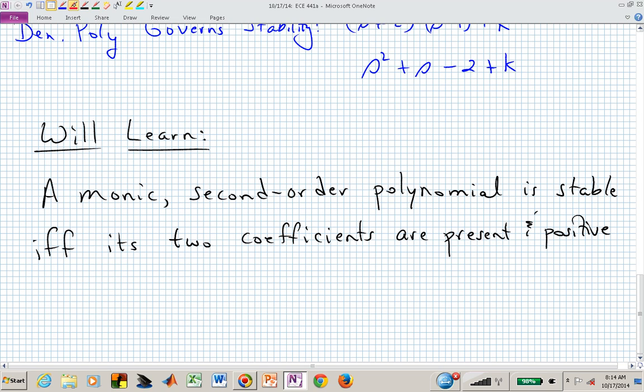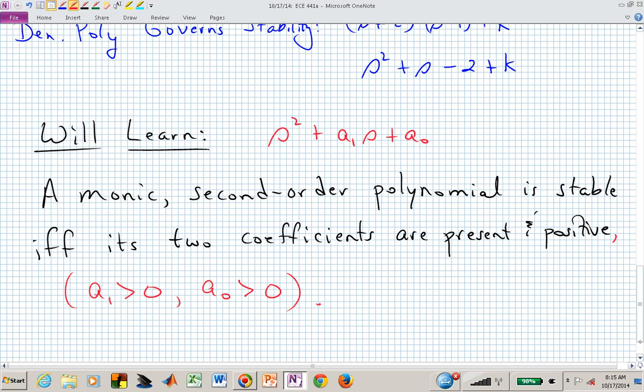By that, I mean if we start with this S squared plus A1S plus A sub 0, we are now saying we want A1 to be positive and we want A sub 0 to be positive. If that's the case, then that polynomial will have stable roots. The roots of that polynomial will all have a negative real part, and that's what we want for stability.